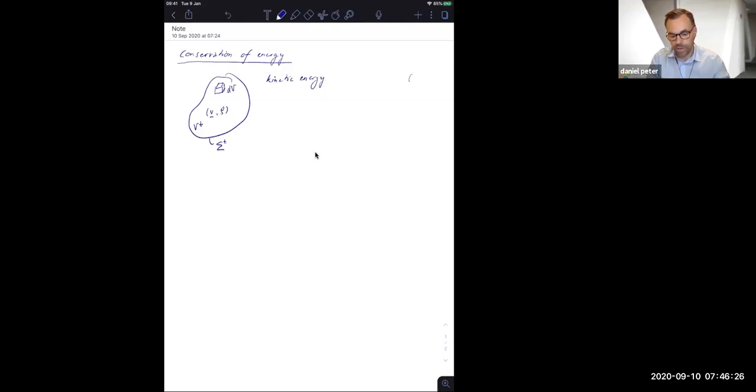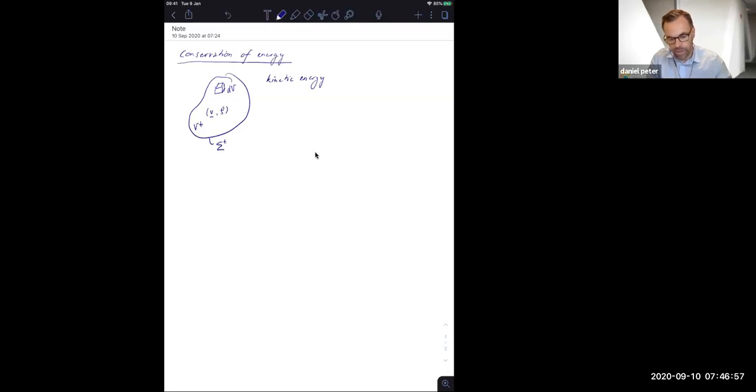Let's say E kinetic is 1 divided by 2, mass times velocity squared. Exactly. So that's the classic formulation for kinetic energy. So in our case here with the volume, we define it as a volume integral, so it's not mass, but we write it in terms of density.